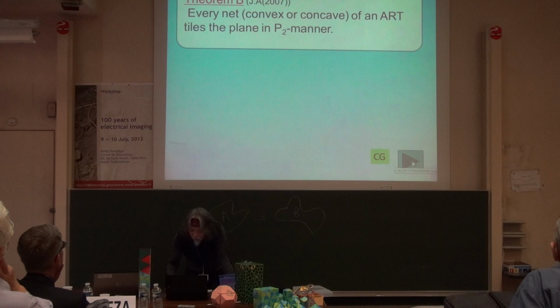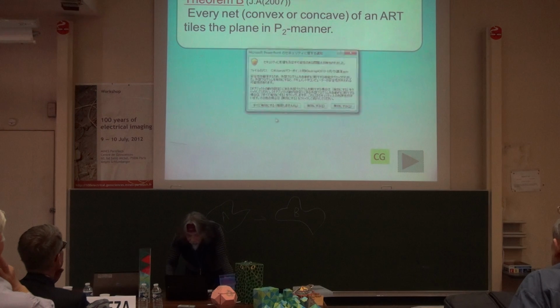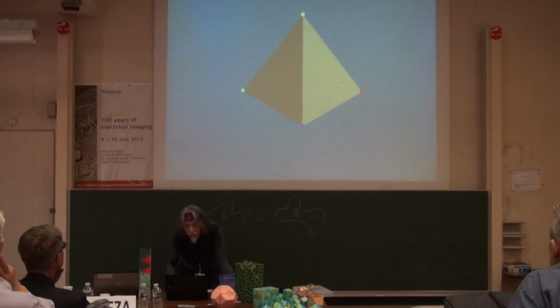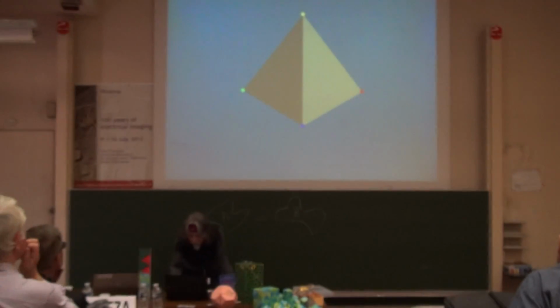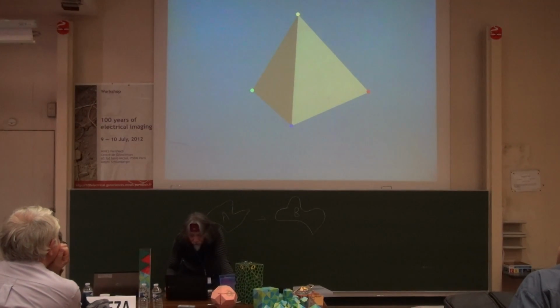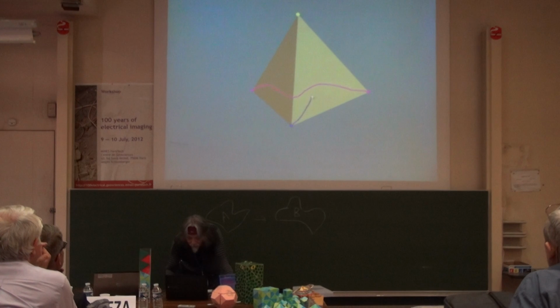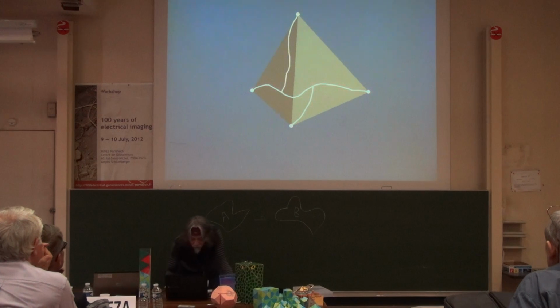And since this blackboard does not work, I will show you by CG. Here is a regular tetrahedron. Okay? And you cut as you like, something like this, and something like this, and from the top, and open.